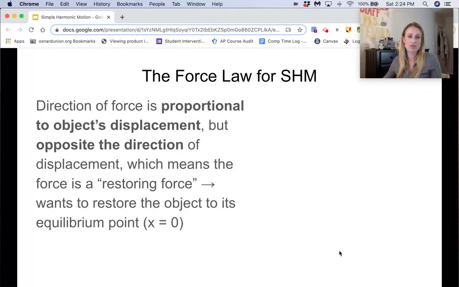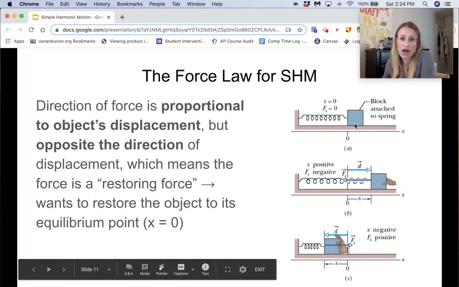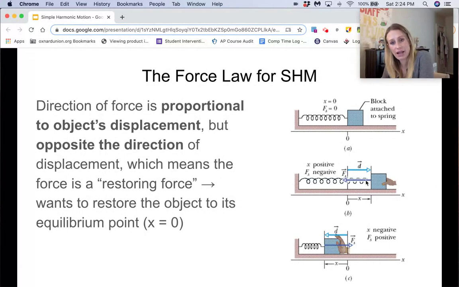I've talked about a restoring force before when we talked about spring force, but like I said, this applies to something like a pendulum as well. We're trying to restore the object back to the equilibrium point, which we call x equals 0. For example, if I have a block on a horizontal spring and I pull that block back, the spring force is trying to restore the block back to the equilibrium position.